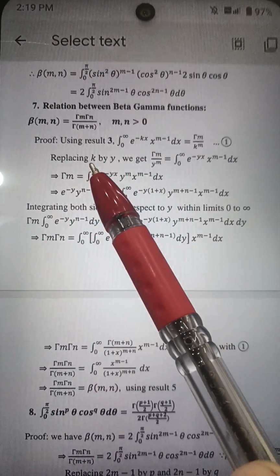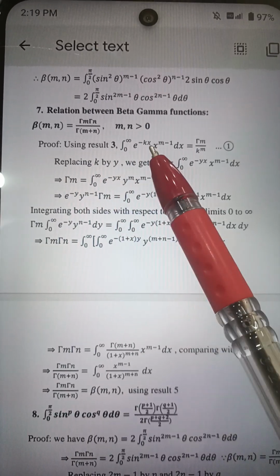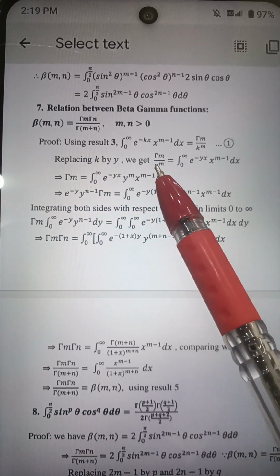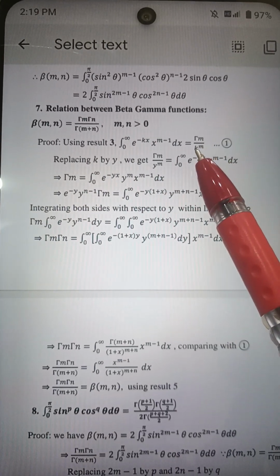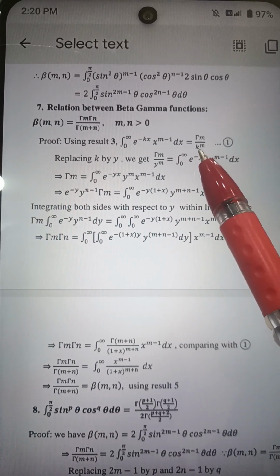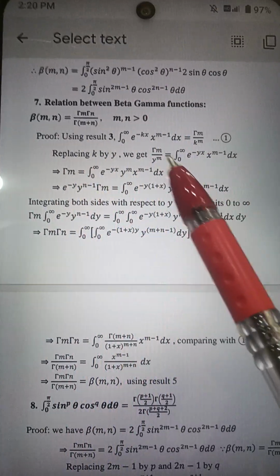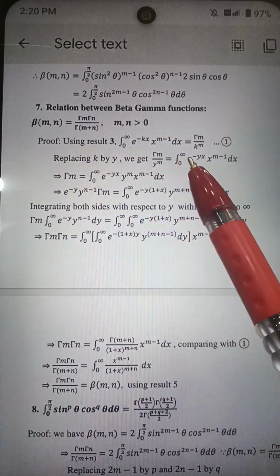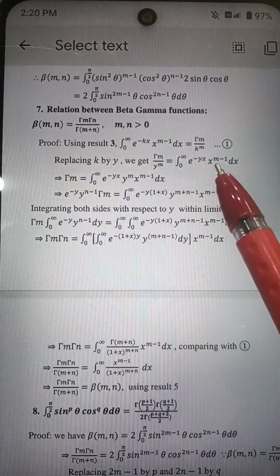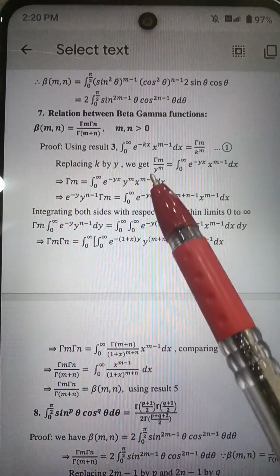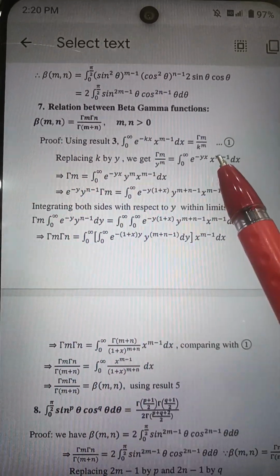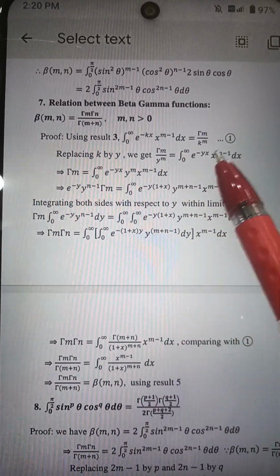Okay, now replacing k by y. In place of k we are writing y. So what will we get? Factorial m upon y^m equals the integral from 0 to infinity of e^(-yx) x^(m-1) dx. Factorial m stays as it is, and y^m is in the denominator, so it goes to the other side in multiplication.